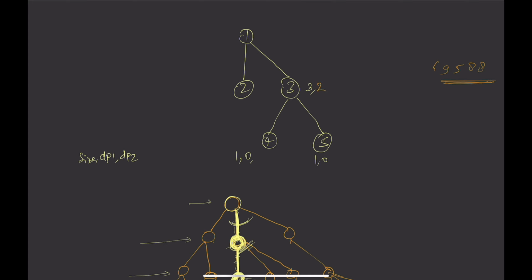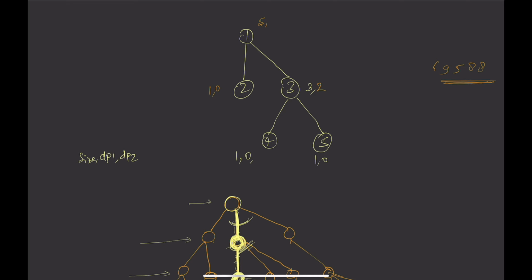It is 2. For this, size is 1, dp is 0. For this, what is the size? So 3 plus 1 plus 1, that means size is 5.